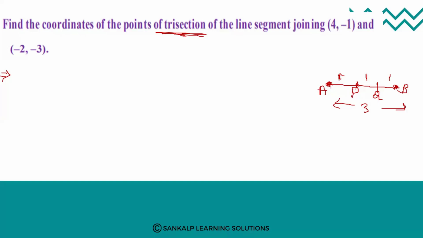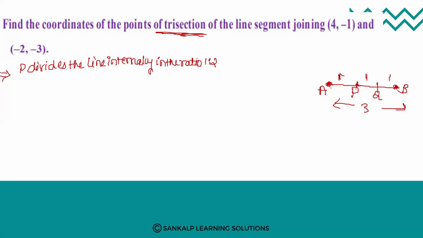Therefore P divides the line internally in the ratio 1:2, right?